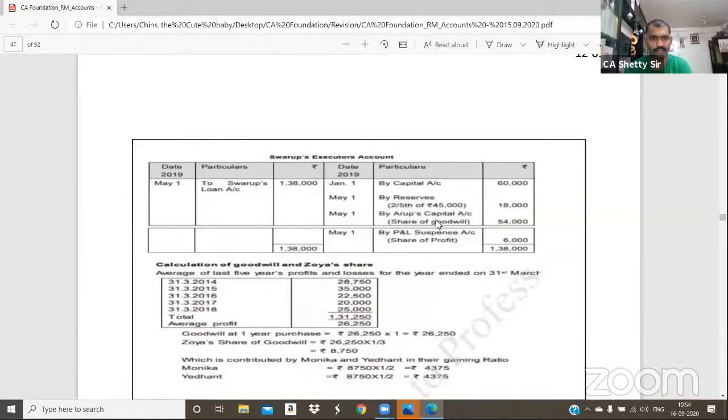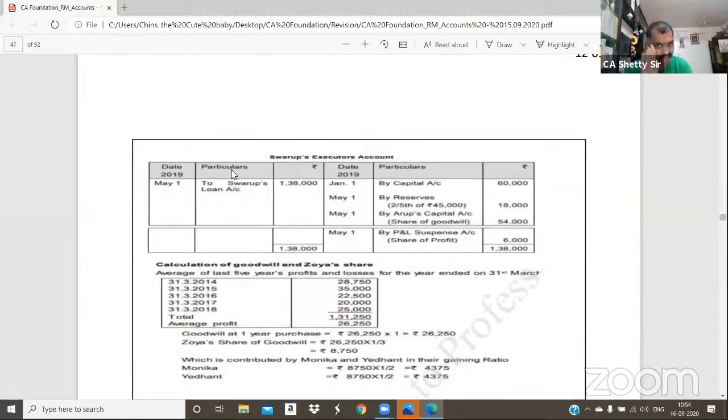Now look at me, all of you. By opening balance, by reserves, by A's capital share of goodwill, P&L suspense, ultimately transfer to loan account. Instead of doing it like this, you can say S's capital account. All these things you write, and here you write to S's executor's account. It's the correct procedure.